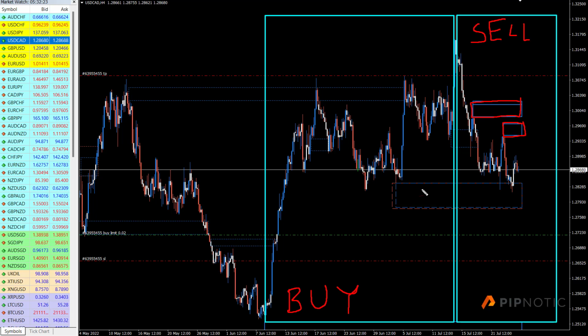So if we look here, where do we have demand? Well, we have this one here. This is a daily, you can see the red, and a 4 hour, you can see the blue, and this extends over into the sell side of the chart. And so it would be totally legal and totally permitted to buy at this demand.